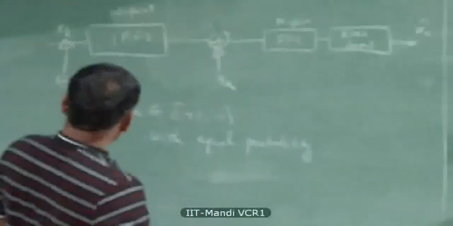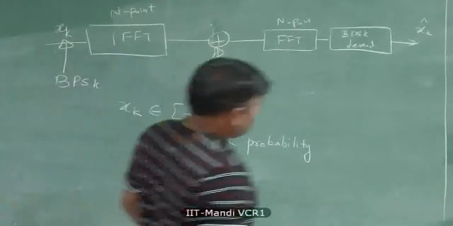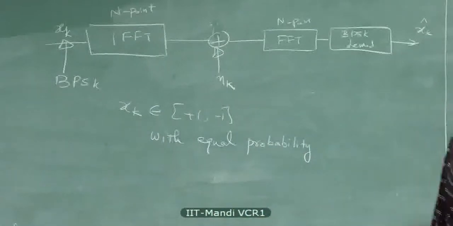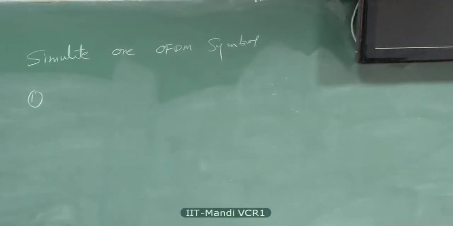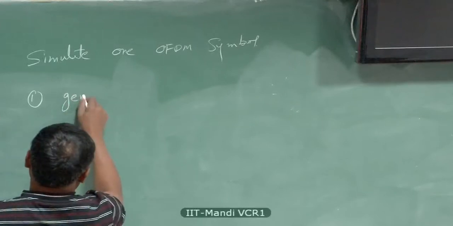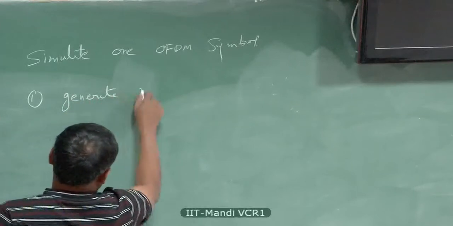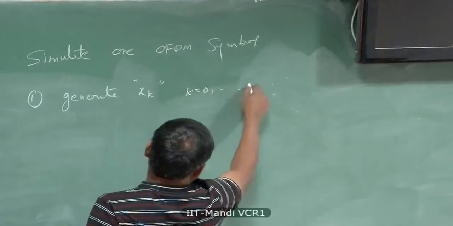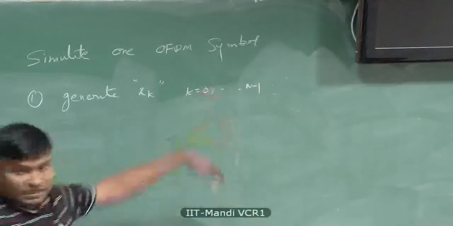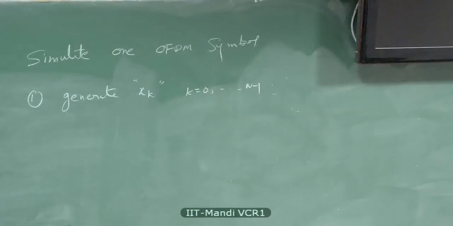So we are going to first generate X_k, k ranging from 0 to N minus 1. We'll assume arbitrarily N. Of course, you can load only a subset of them if you wish. For the time being, let's say it's N samples.